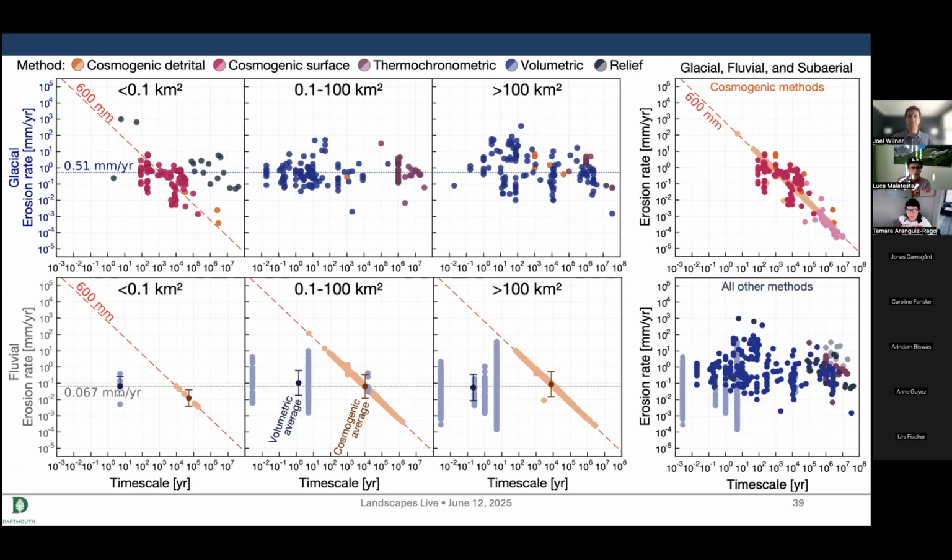So if you have a proglacial river, for example, that's outputting a bunch of sediment from a glacier, and you have, for example, a stream gauge, and you're measuring the amount of glacial sediment that's produced into that gauge, you're going to effectively produce a volumetric measurement that can measure over the upstream basin.